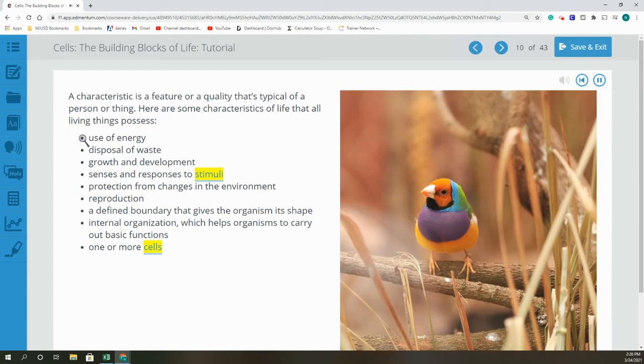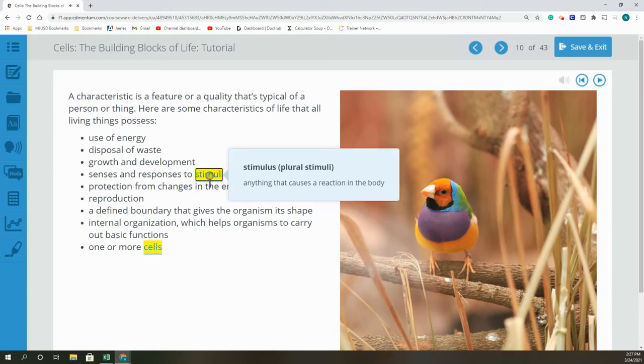Use of energy, disposal of waste, growth and development, senses and responses to stimuli, protection from changes in the environment, reproduction, a defined boundary that gives the organism its shape, internal organization, which helps organisms to carry out basic functions, one or more cells.